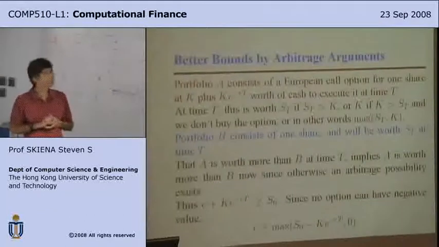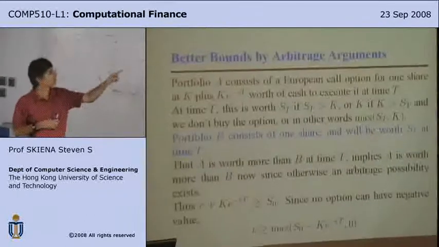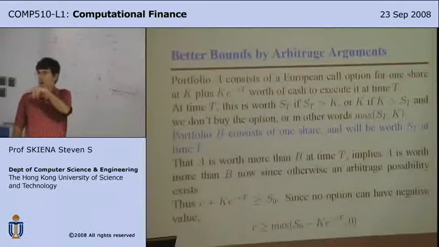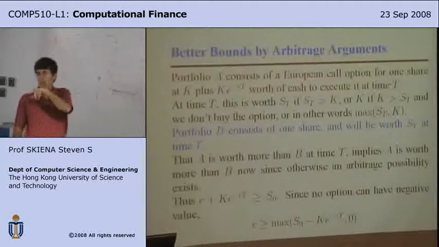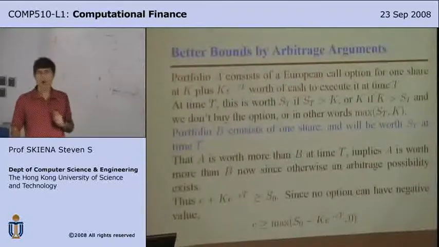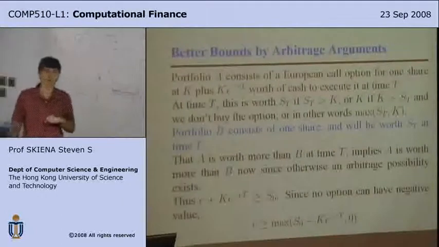So that at the expiration time, I've got enough money to pay to buy it at that price. Does everybody get the idea what my portfolio is? I own a call option, and I own enough money so that I will be able to execute that call option if I want.